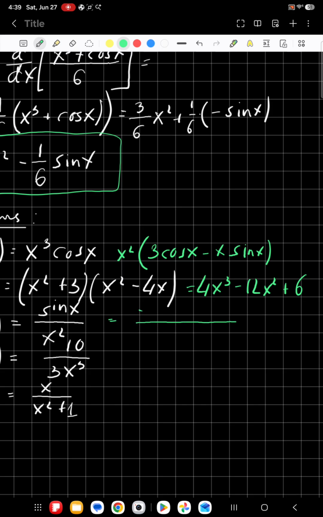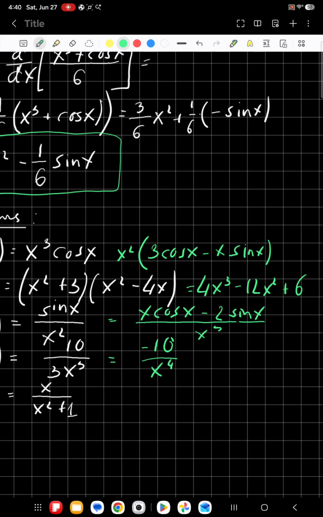Anyway, the next one is x cosine x minus 2 sine x, all divided by x cubed. The next one is negative 10 divided by x to the 4th.